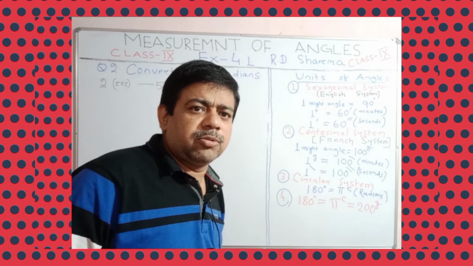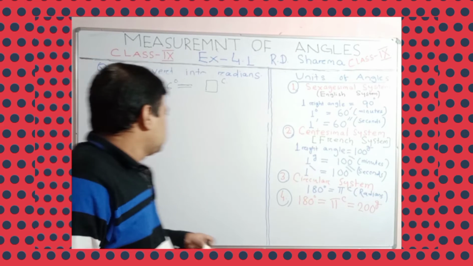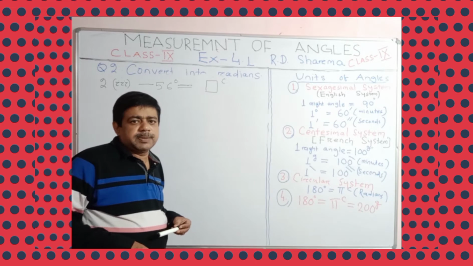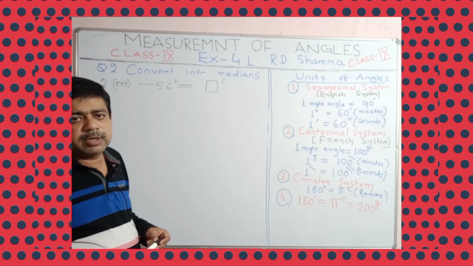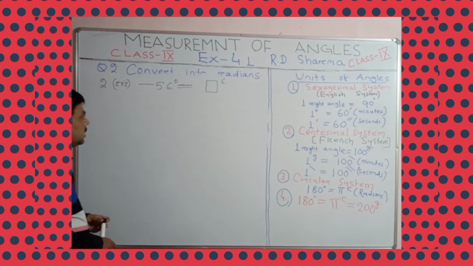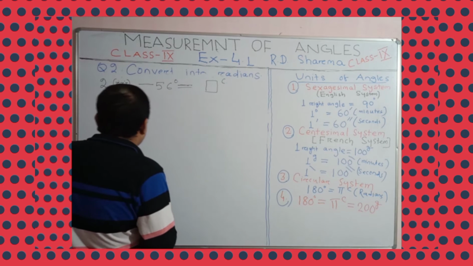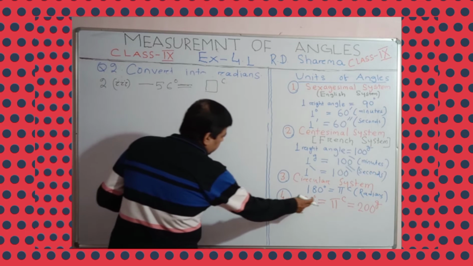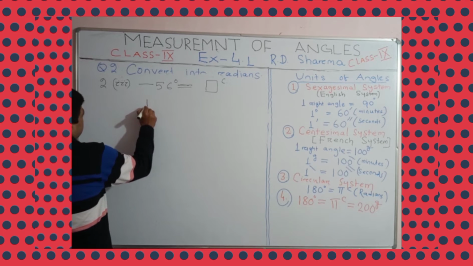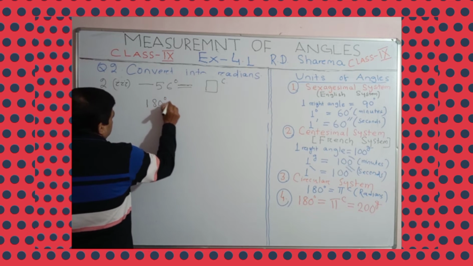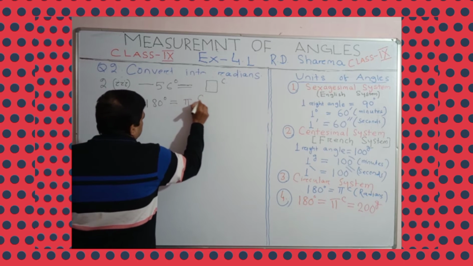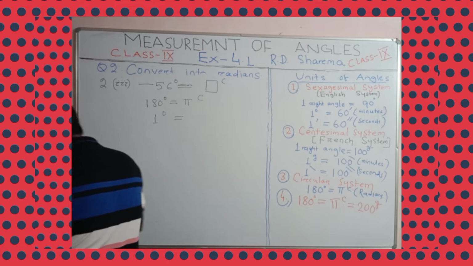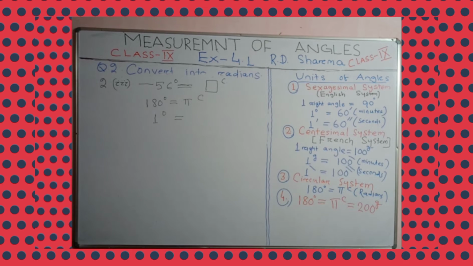Next, question number 2, third bit. Question number 2, third bit is minus 56 degree. We are converting into radian. Minus 56 degree is equal to how much radian? Similarly, using the concept 180 degree is equal to pi radian, 1 degree is equal to how much?